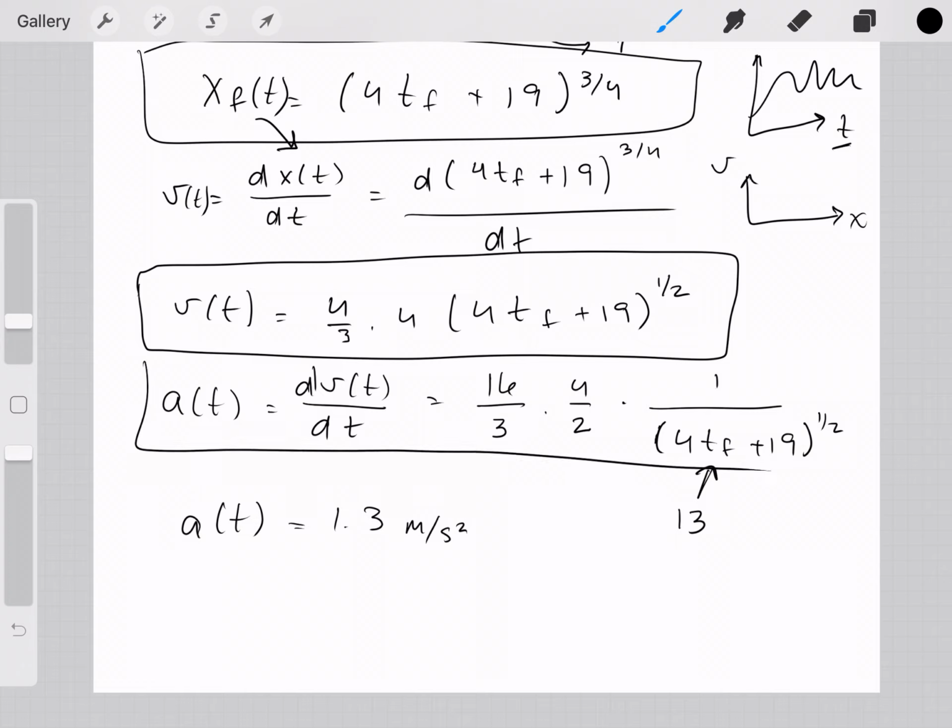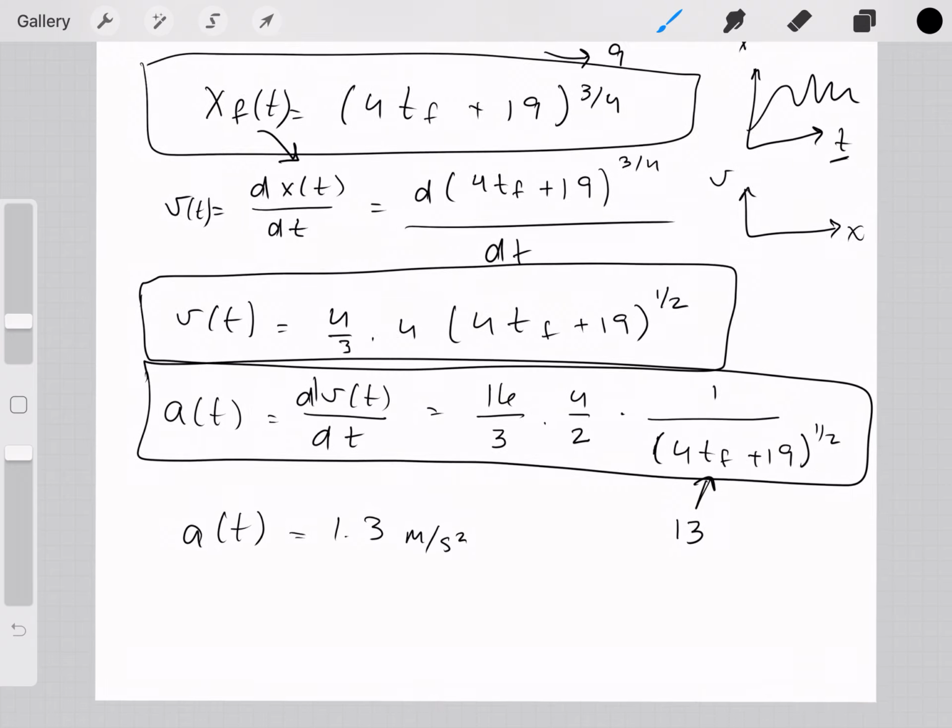So earlier I had said that we would need time. If you had not solved for time earlier, but were just focused on the equations of x in terms of t, v in terms of t, and a in terms of t, and you get here and you don't have this t of f, and you freak out because you have an equation but you're still looking for acceleration, you don't really know what to do, you can always go back and solve for it. There's a couple ways you can solve for it.